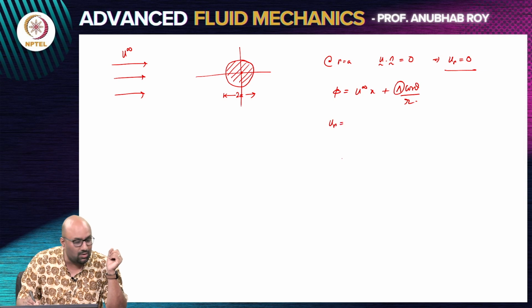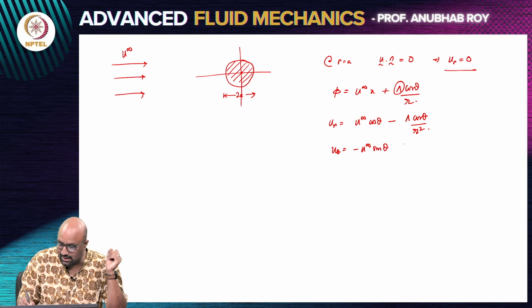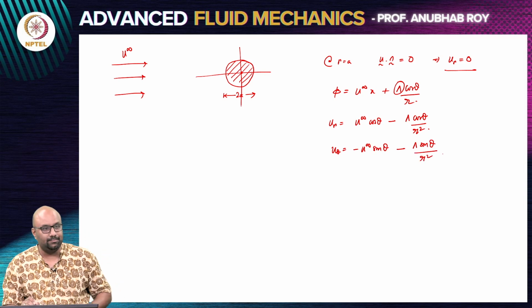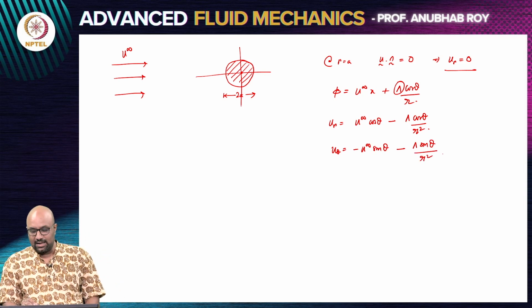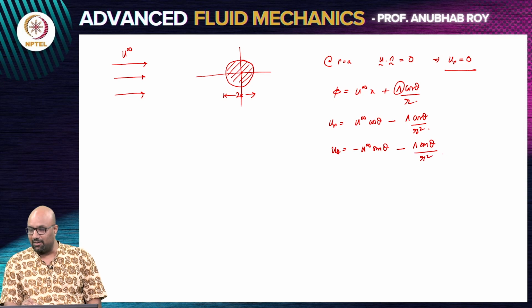So, when we work out u r, we found that u r gives me u infinity cosine theta minus lambda cosine theta by r square, and u theta gives me minus u infinity sine theta minus lambda sine theta by r square. These are the two velocity components that I have in my problem.